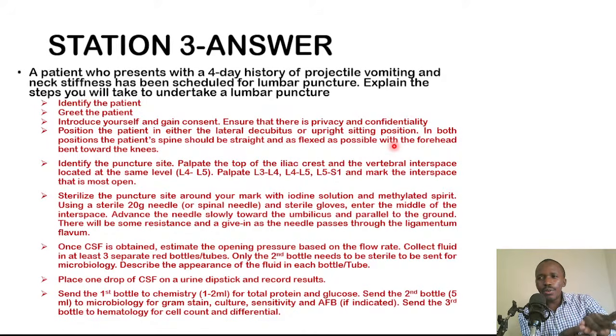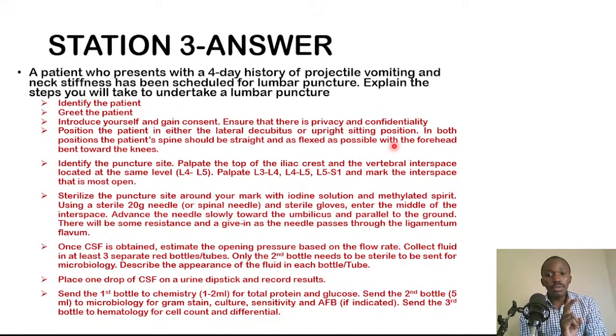You're going to feel some pressure until you feel a give, so that there'll be a drop in the pressure. Once there's a drop in the pressure, that means you have gone through the ligamentum flavum. Then you're going to see a flow of CSF. You can actually estimate the opening pressure based on the flow. You can collect at least 3 samples in the red top bottles.